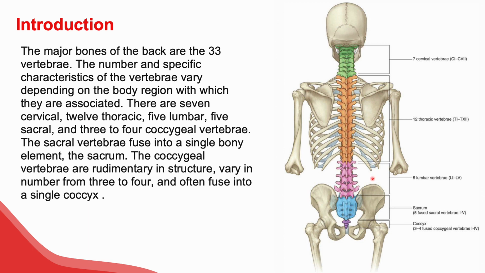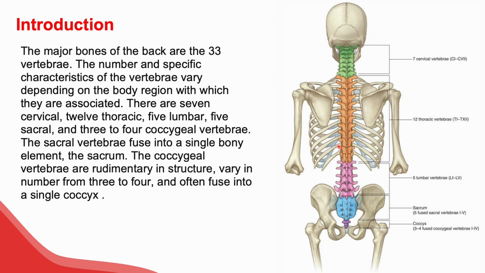And then we have 5 vertebrae in the lumbar segment. Then we have 5 fused vertebrae in the sacral segment, which form the sacrum. And then we have 3 to 4 fused vertebrae in the coccygeal segment, which form the coccyx.